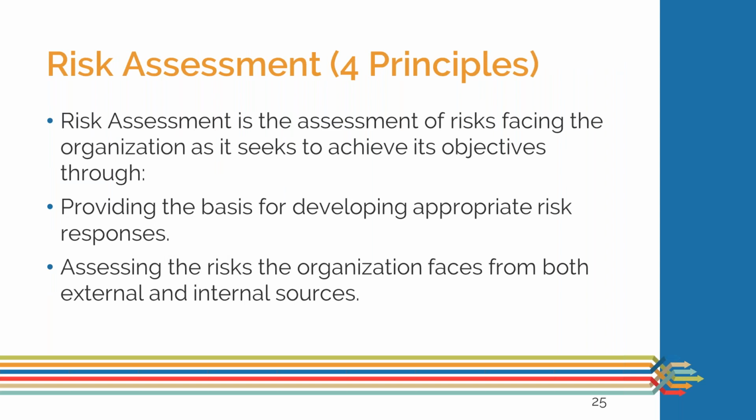Then when you go into risk assessment, you're looking at assessing risk in a lot of different ways. Part of it could be external, what kind of risk we have from your awarding agency. That would be a risk of noncompliance. What kind of risk do you have internally, with the number of staffing? Sometimes just the size of an organization can create risk.